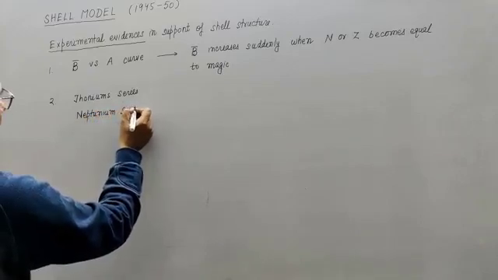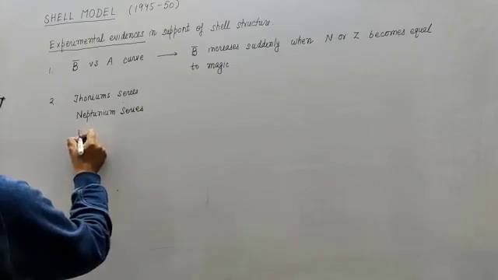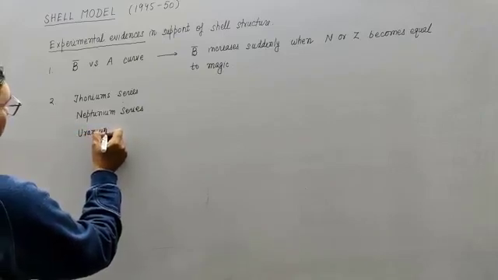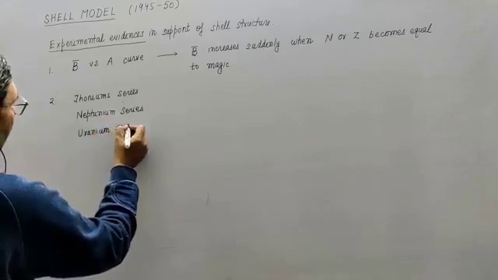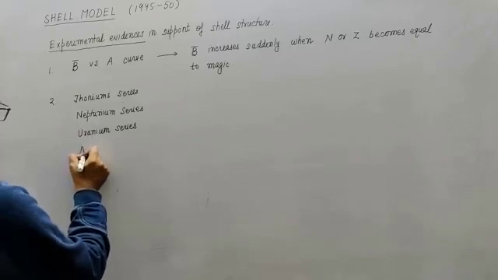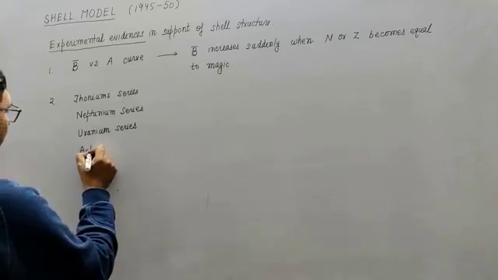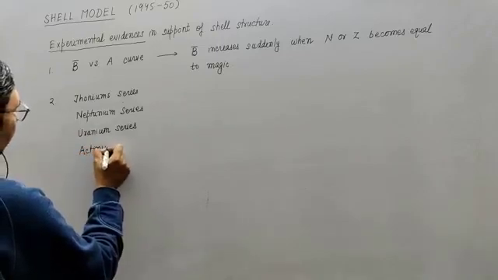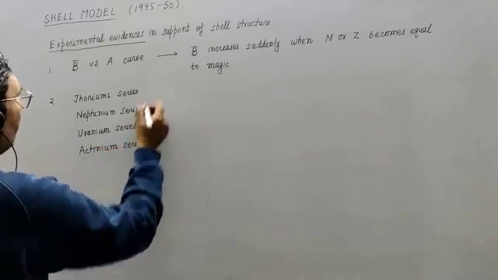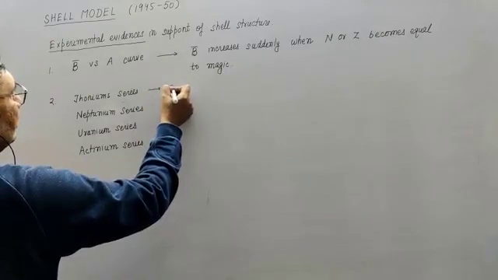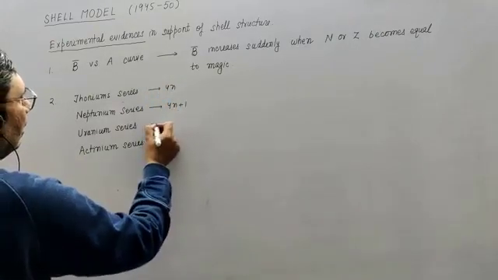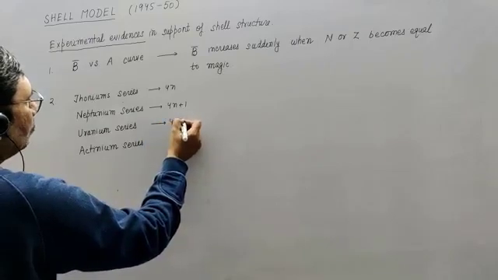You are aware of these series: thorium, neptunium, uranium and actinium. These series are also known as the 4N series, the 4N plus 1 series, the 4N plus 2 series.